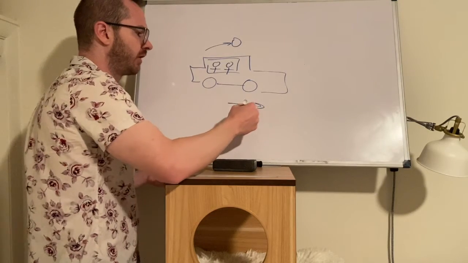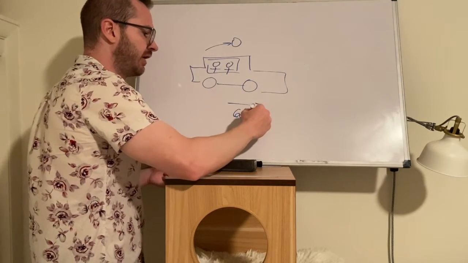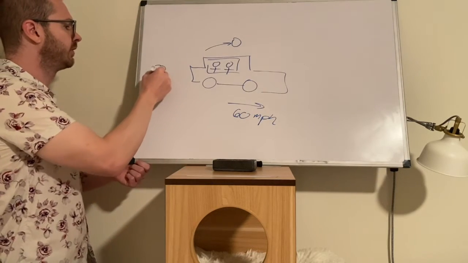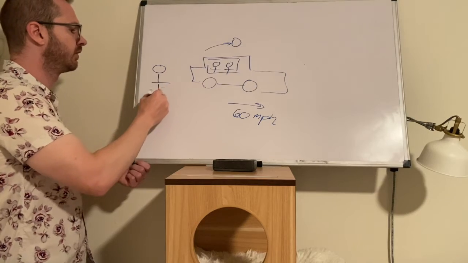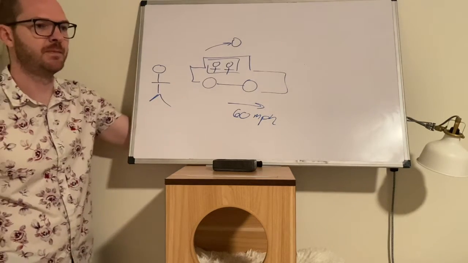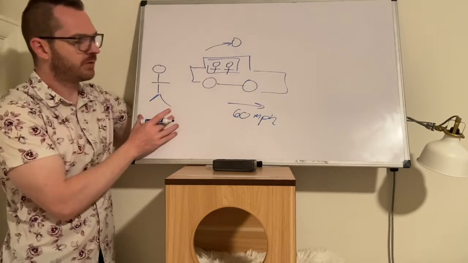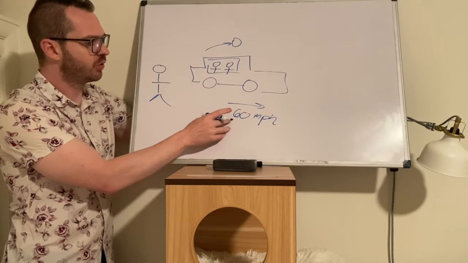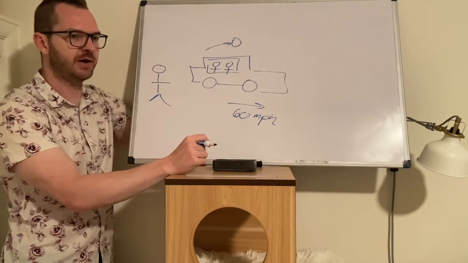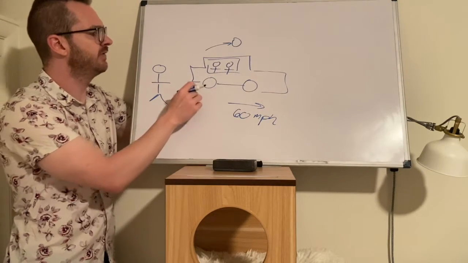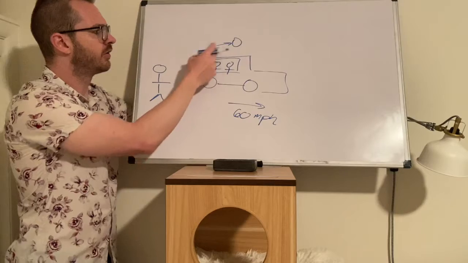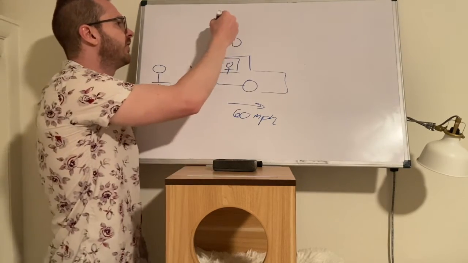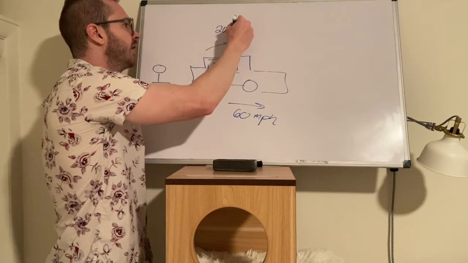Let's say that the car is going 60 miles an hour, and you, the observer, you're over here. You're watching it happen. So, from your perspective, what happens? First thing is you notice this car, and from your perspective, the car is going 60 miles an hour. You see it moving. Inside of the car, you see the brother hurl this projectile. And let's say it's just like a playful toss, and he tosses it at 20 miles an hour.